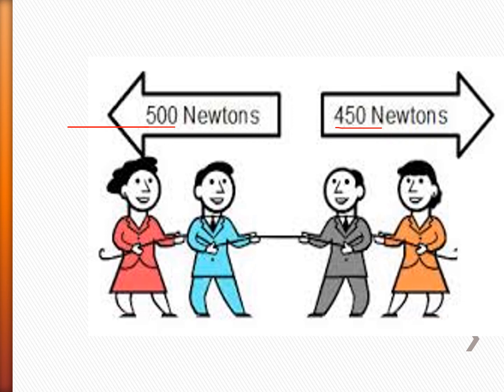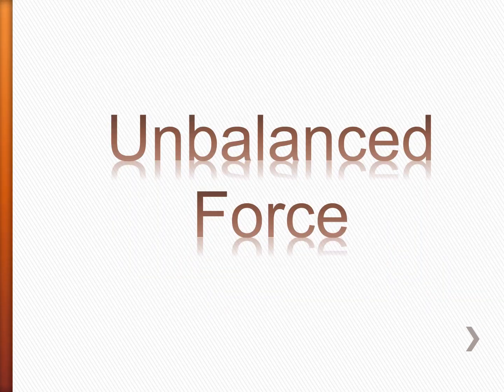Okay, this is an unbalanced force. Now, where is the direction of the force? The direction of the force will be the direction of the bigger force, which is 500 newtons.